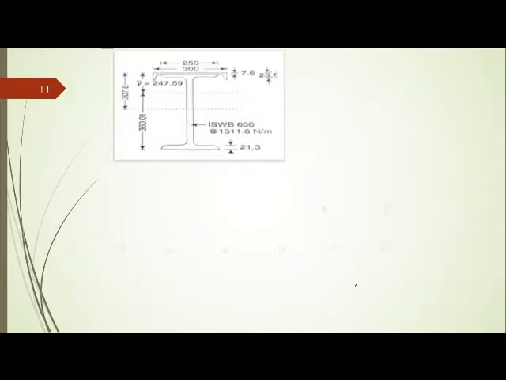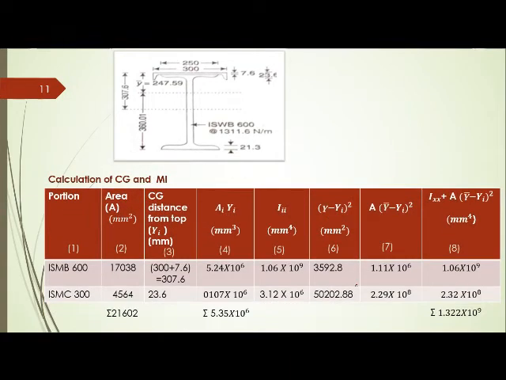Now let us come to the calculation of the Ixx of the compound section. For that we have formed a table of 8 columns. In the first column we have referred the type of the section. In the second column we have noted the cross-sectional area from the table given in the previous slide.